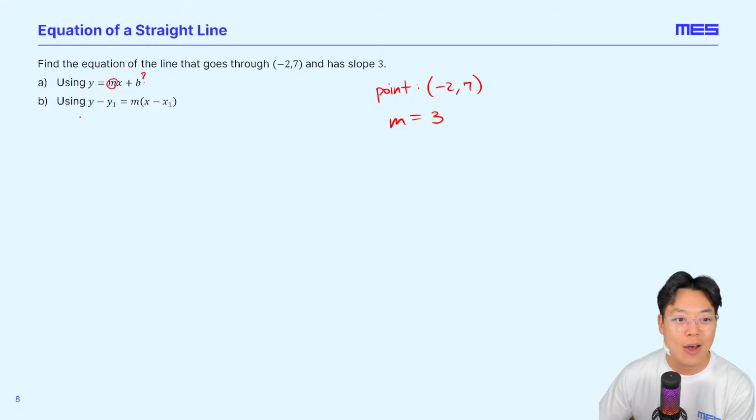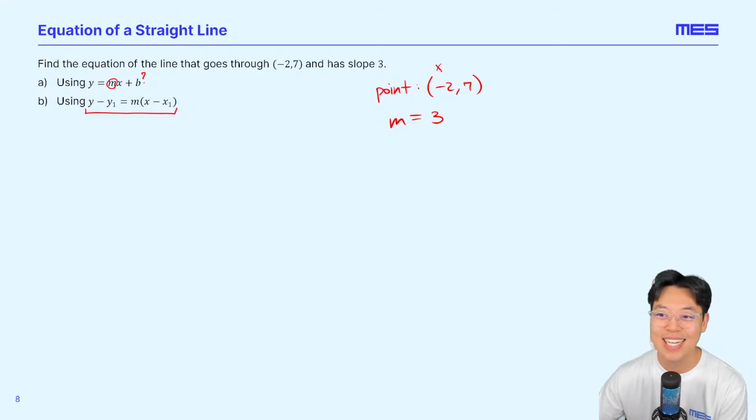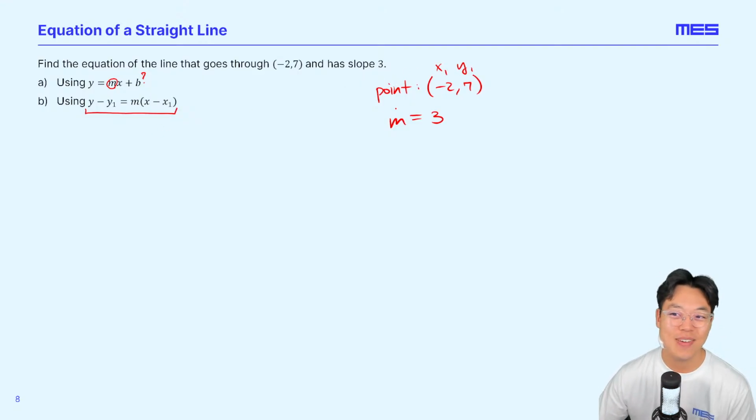However, now that we know point slope form, all we need to do is plug in these values. We have y minus 7, where 7 is my y sub 1, equal to the slope, which is 3, times x minus x sub 1.